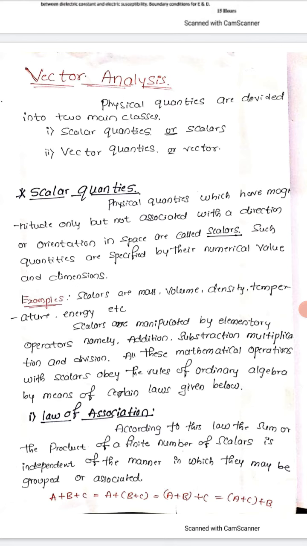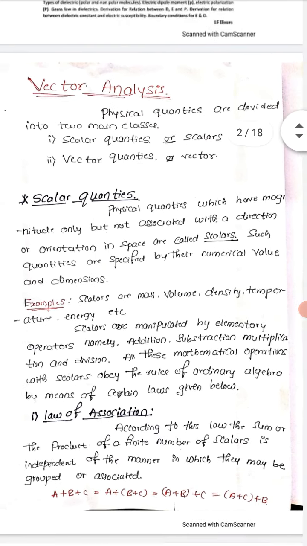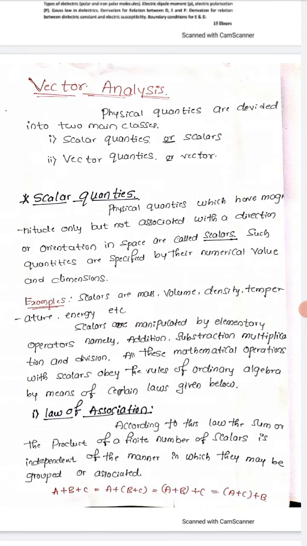The first one is scalar quantities or scalars, and the second one is vector quantities or vectors. That is, physical quantities are divided into two main classes: scalar quantities and vector quantities.